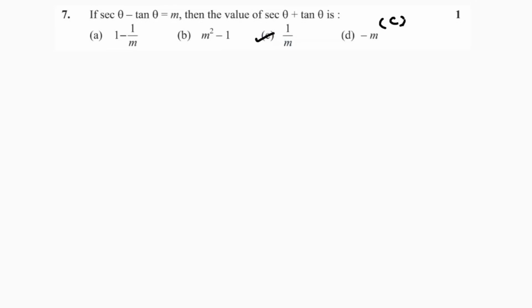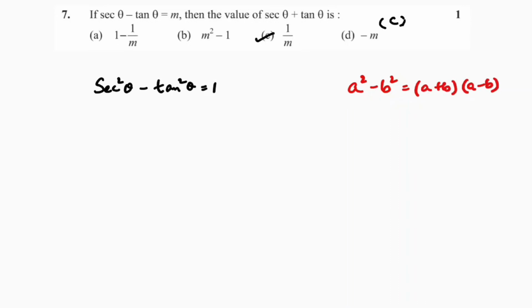But I'll explain now. See, the identity is secant square theta minus tan square theta is 1, which is in the form of a square minus b square, which is nothing but a plus b into a minus b. So here sec theta plus tan theta into sec theta minus tan theta equals 1.